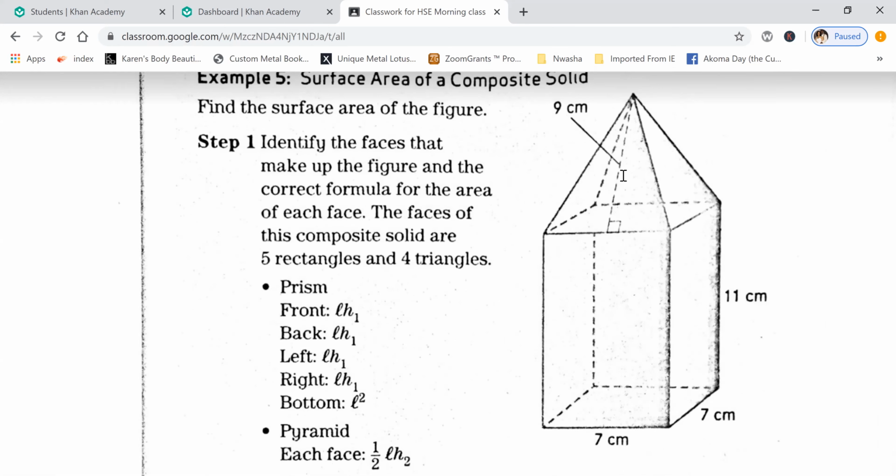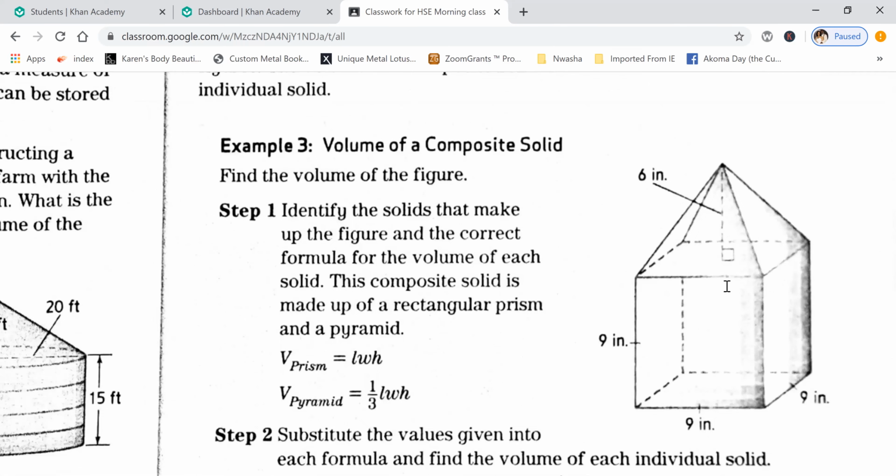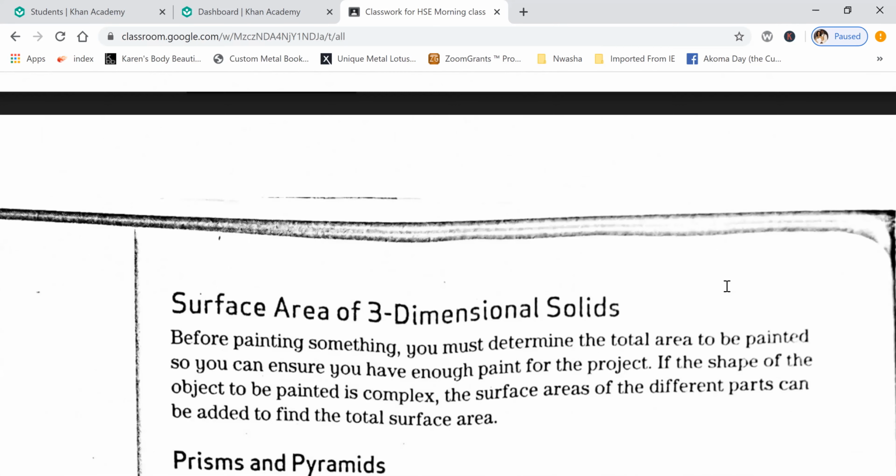When they draw them the other way, like this, where the right angle comes into the middle, that's how you know it's coming from the middle point straight to the middle of the box. And that's a right angle straight down. That's the height of the pyramid, right? So in this case, you don't need the height of the pyramid because you're on the surface area. You need the actual slant of the triangle.